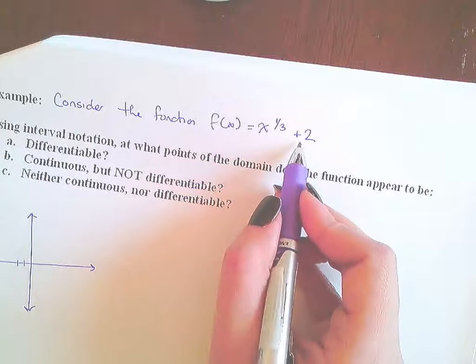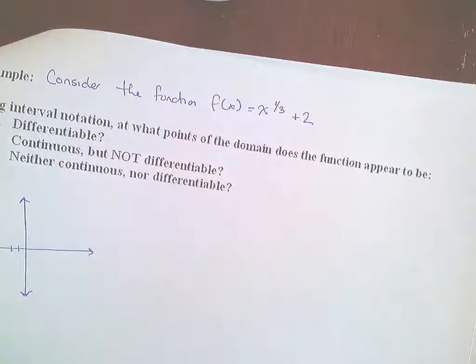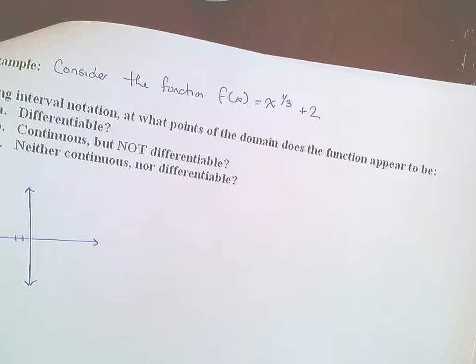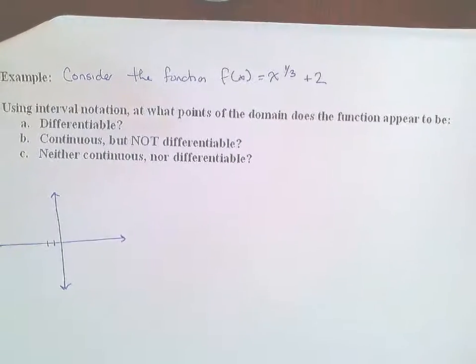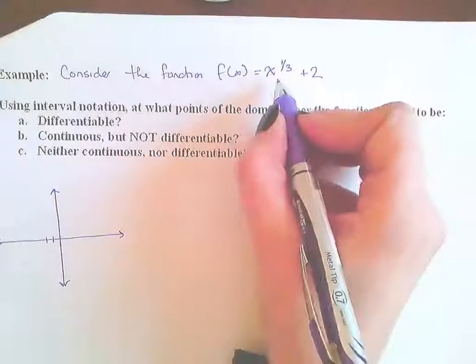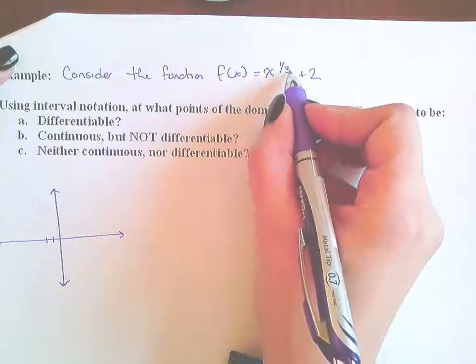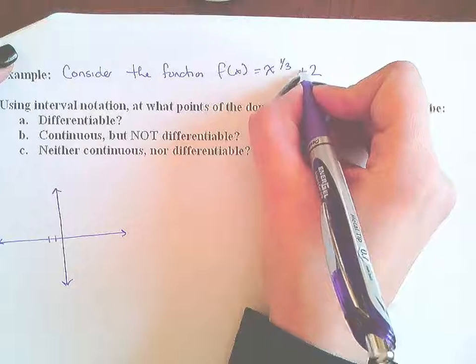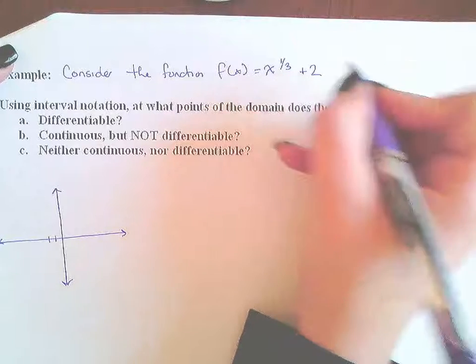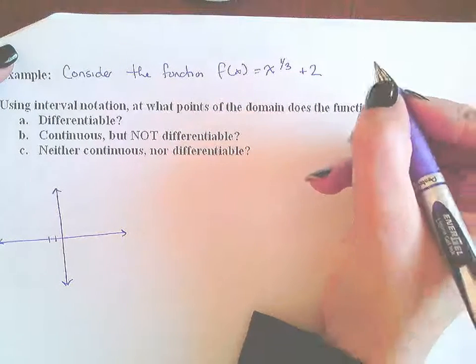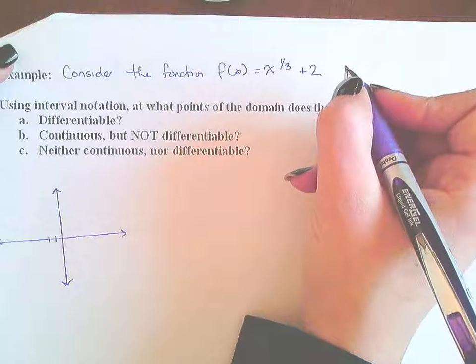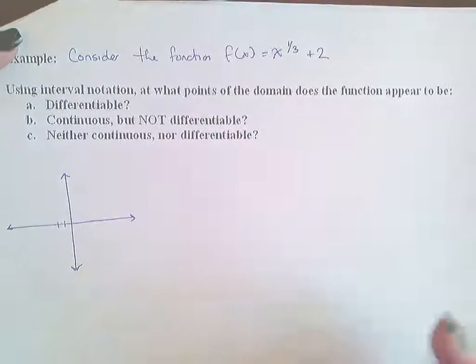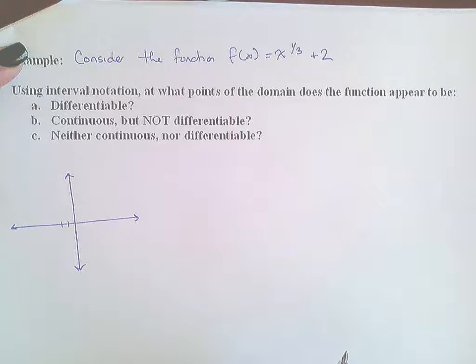That should have been 4, unless, let me just double check my function. I must have graphed minus 2. But when x is 8, the cube root of 8 is 2, plus 2, it's actually going to be 4. I think this is supposed to be a minus 2. Now that I think about it, maybe not. I don't know what I just did.